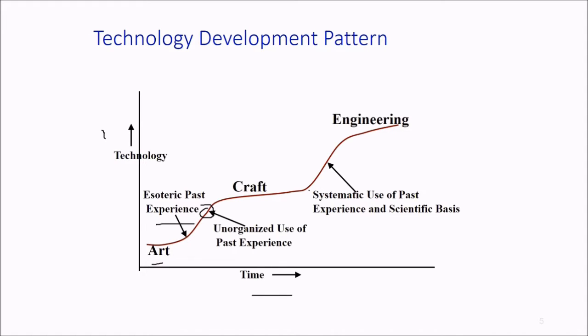Then it increased again with time, gradually, which shows systematic use of past experiences in addition to a scientific basis. And now we are in the times where we call it engineering. In a build and fix style, a program is quickly developed without making any specification, plan, or design. The different imperfections that are subsequently noticed are fixed. This was the previous approach, and now we have come to this approach.